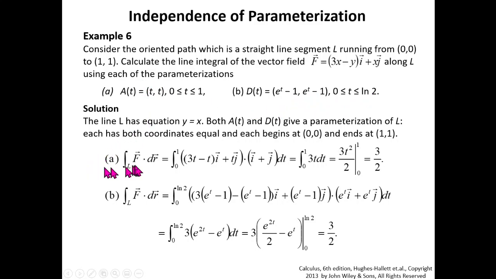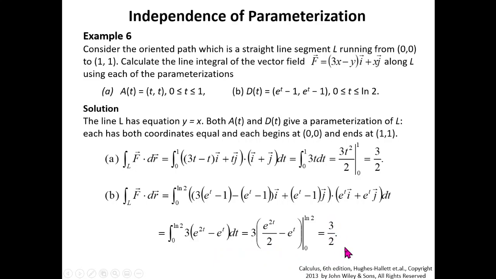So the A part, when you parameterize it with plugging in x equals t and y equals t, or x equals y, we get the answer 3/2. When you plug in the other parameterization, which works as validly, albeit a little bit more work, because the dot product got a little messier, we actually also end up with the same answer, 3/2.